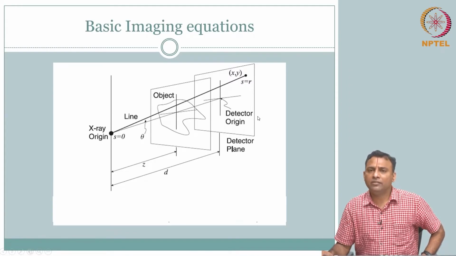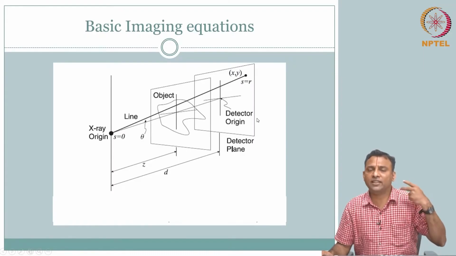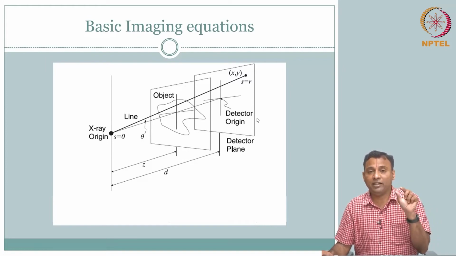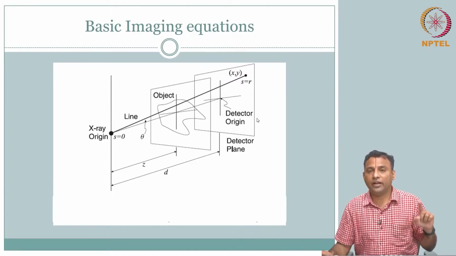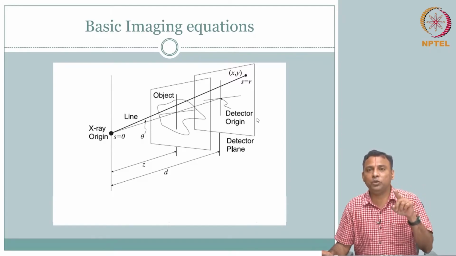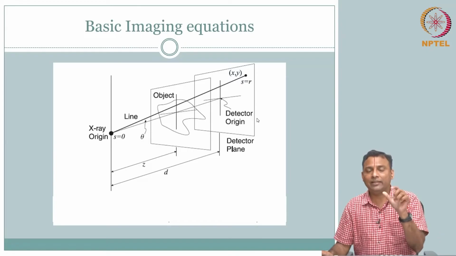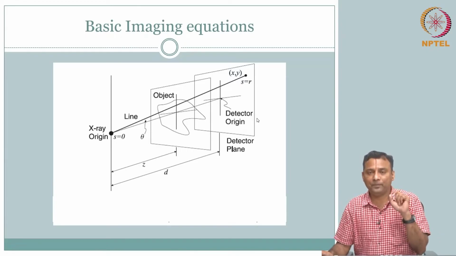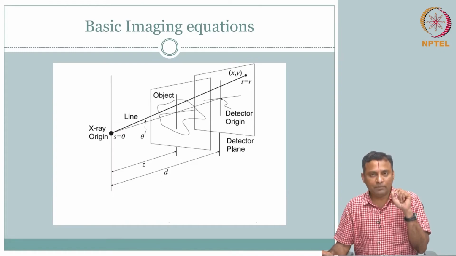We talked about signal and noise, interaction of electromagnetic radiation with the tissue slab, remember. Then we talked about the fundamental attenuation law, the photon law, exponential minus mu delta x, where delta x we denoted for a thin slab, remember.